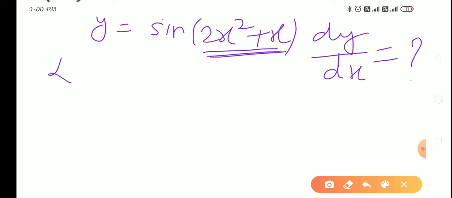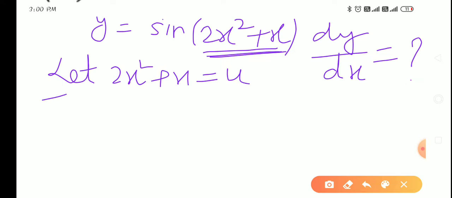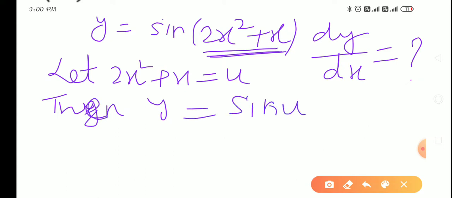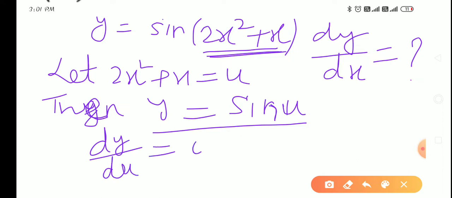Let 2x square plus x equals u. Then y will become sin u. After this you can differentiate this y with respect to u, so it will become dy upon du equals cos u.